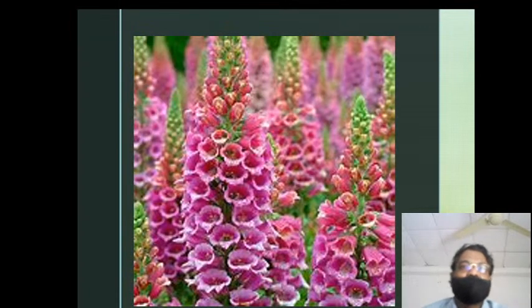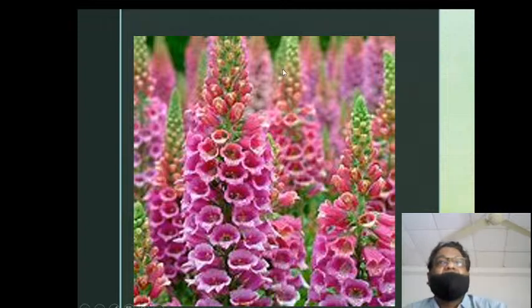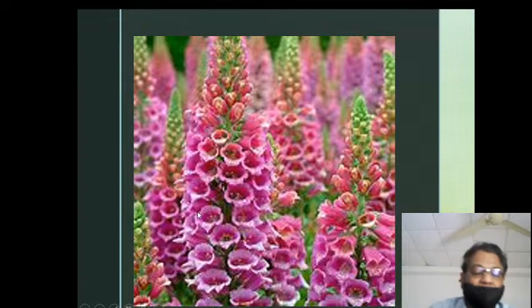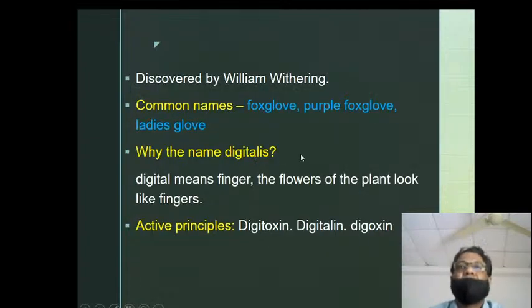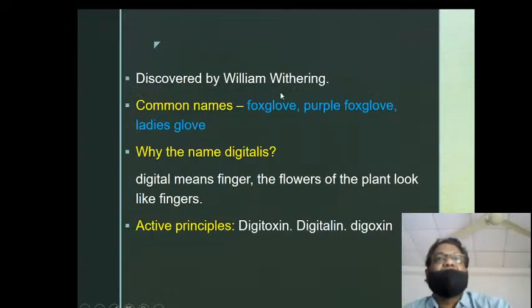Digitalis purpurea, you can see this plant is a very decorative plant. The flowers are very decorative, purple colored flowers, a highly attractive plant. It was discovered by William Withering. The common name is foxglove.